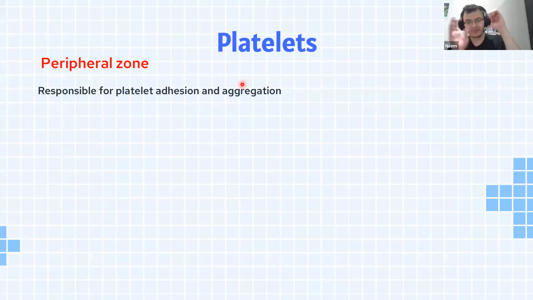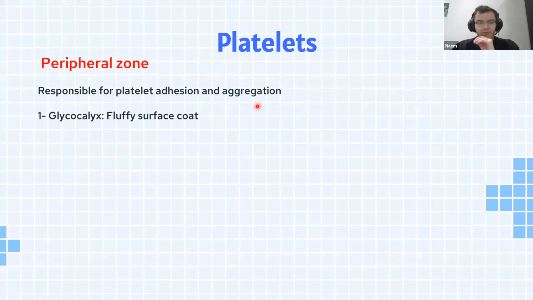Adhesion is the platelet binding to the basement membrane. A platelet binding to the basement membrane adheres to it. Aggregation is when multiple platelets come together and bind to each other. Is that clear? The difference? Adhesion is to the vessel wall. Aggregation is between the platelets themselves.